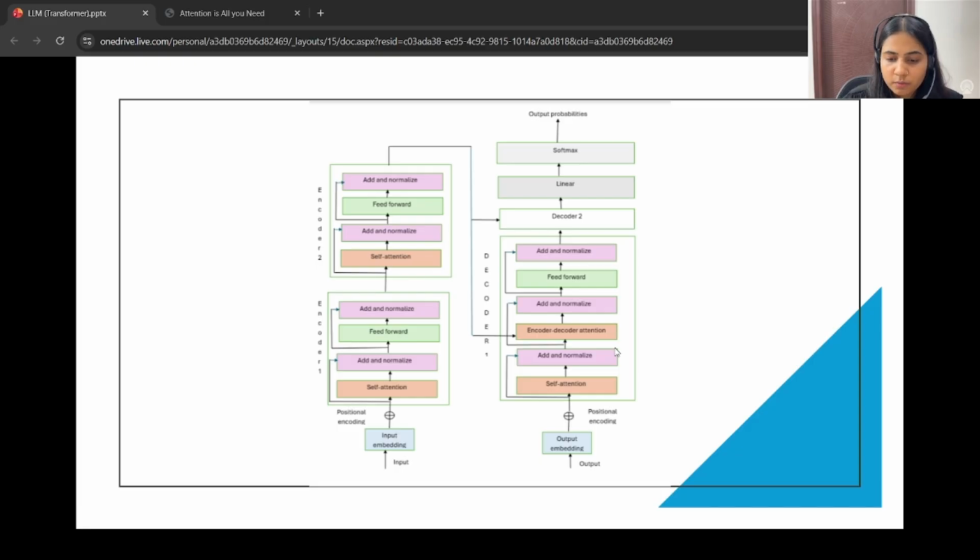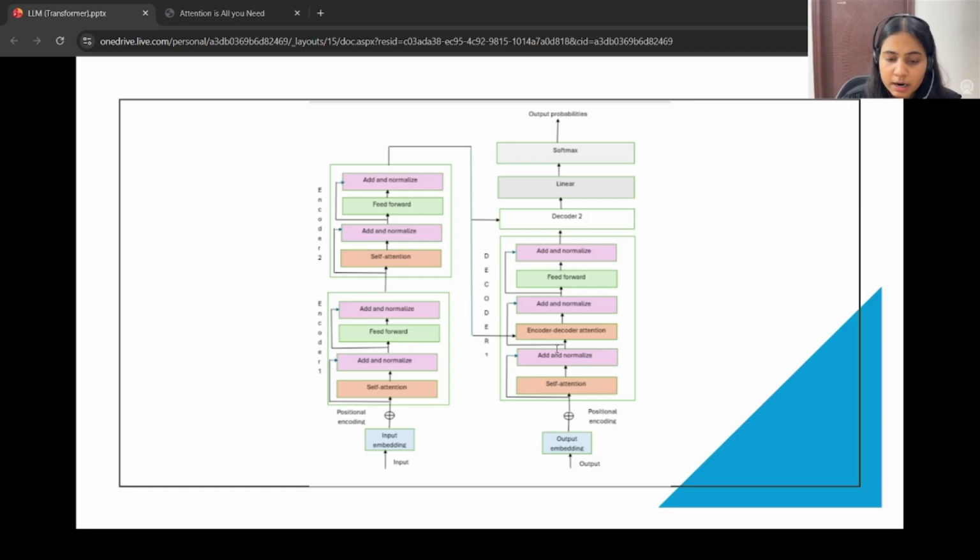So the decoder will look at the encoder output to understand the input sentences. Whatever output is coming from the encoder will go to the encoder decoder attention. So it knows what output is coming from the encoder and what output it has to generate, right?